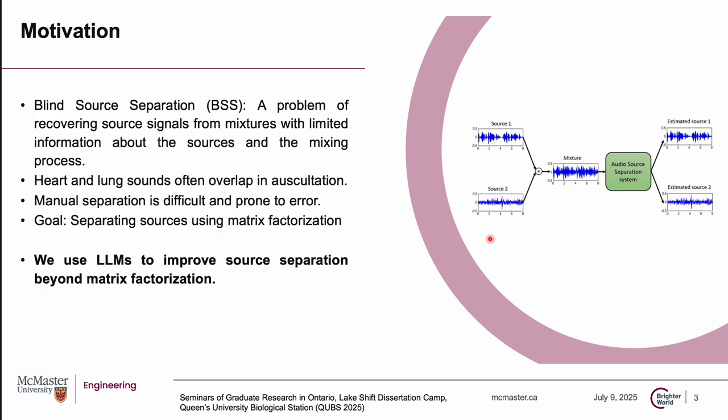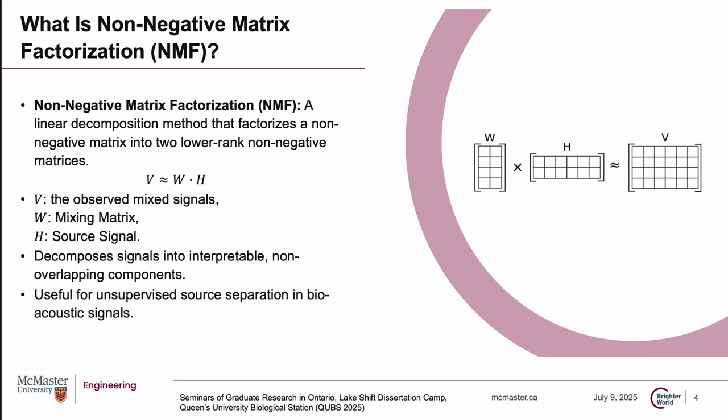Manual separation of them is really hard and might have a lot of errors. So our goal is to separate the sources with mathematical algorithms, and we pick matrix factorization as a good option. Later, we use LLMs to improve this source separation beyond the typical NMF and matrix factorizations.